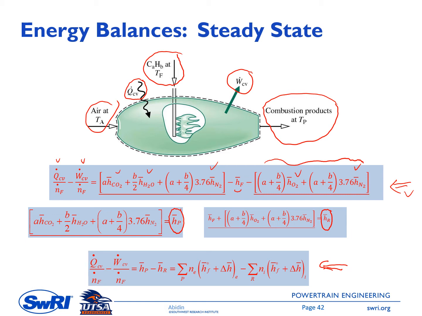And by applying the concept of the formation enthalpy, we can replace this HP by enthalpy of formation plus delta H. Similarly, we can also replace HR here by the enthalpy of formation of the reactant plus delta H.